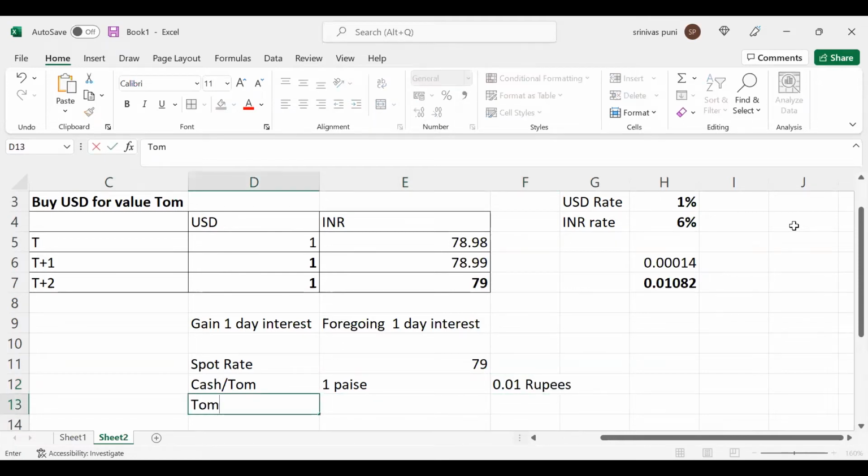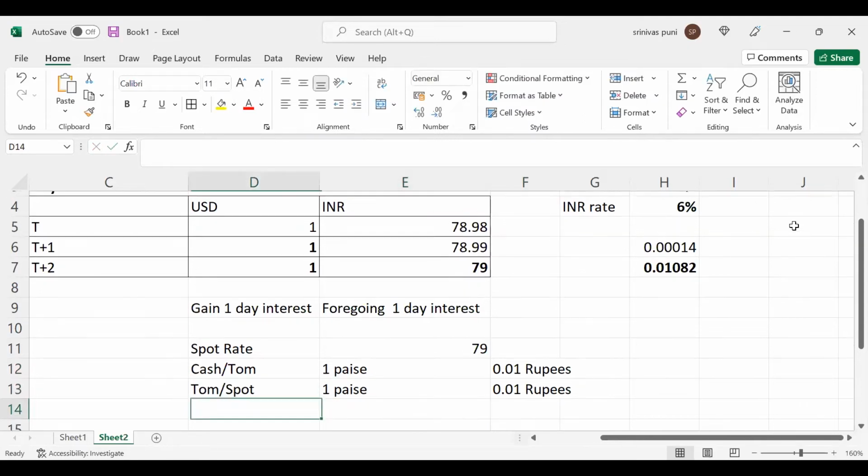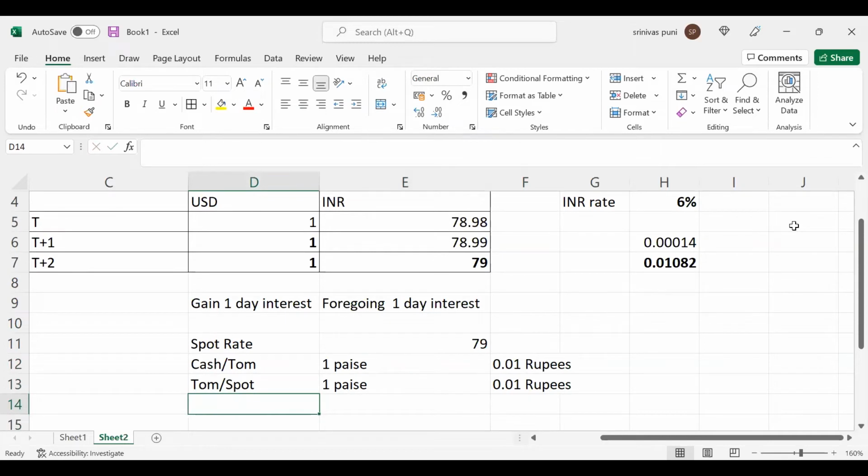Similarly, term spot is quoted again as 1 paisa, as 0.01 rupees. It is actually quoted in the market because there are so many banks in the market. Each bank will have its own funding costs. So equilibrium will come, and finally they start quoting this particular rate every day morning. What is this 1 paisa, by the way?